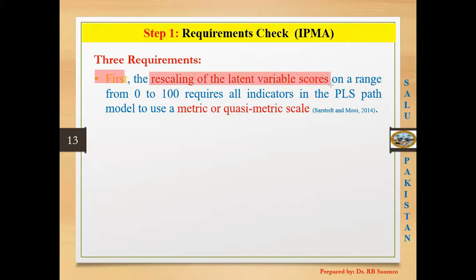That means the scale of the latent variable throughout all the clusters should be the same. Like if you are using a 5-point Likert scale, then throughout, the scaling approach should be the same, and it should range from 0 to 100. If you are using metric or quasi-metric scales, your scale should remain the same throughout your constructs.